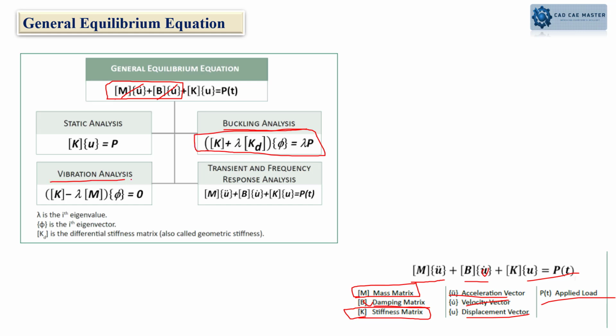And when it comes to vibration and modal analysis, we extract the results with this one, where the stiffness matrix minus the eigenvalue times the mass matrix times phi, the eigenvector, is equal to 0. With respect to this, you're going to get the natural frequencies and the mode shapes. And then we have the frequency and transient response analysis if you would like to do that.